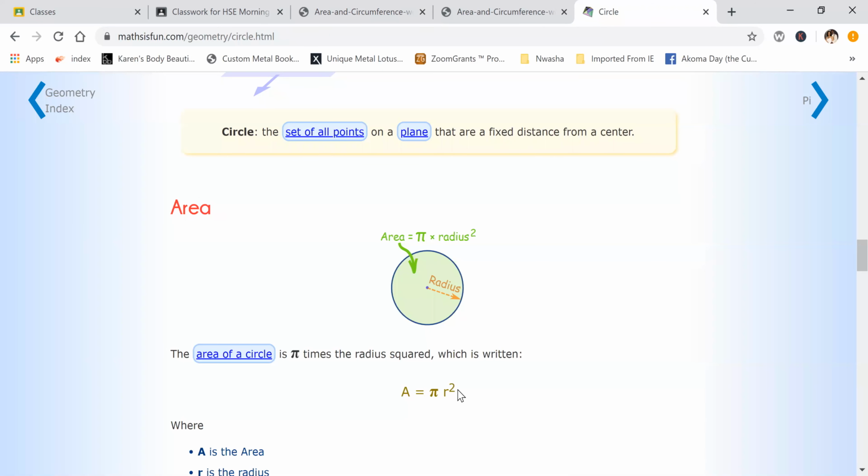So now the next line that you write down is A equals pi times 2.5 squared. Now you're back to the order of operations, saying 2.5 times 2.5. Is that making sense? Okay.